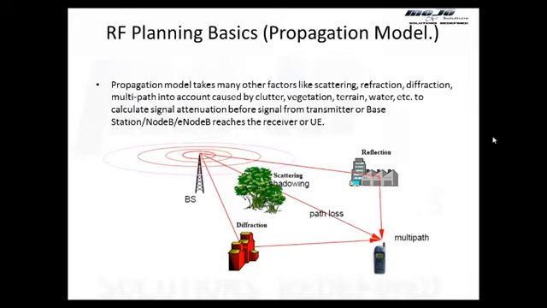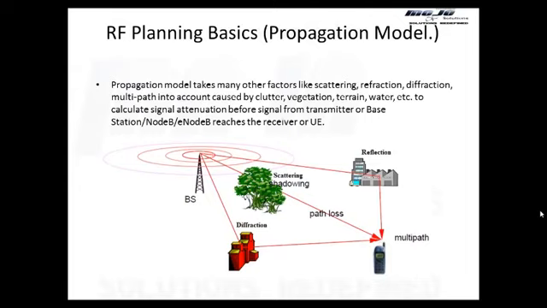If a water body is between the MS and node B, does the refraction phenomenon occur? Well, reflection will occur from the water body and the node B. Refraction, the signal will go inside the water, yes. But if the signal goes inside the water, it means it's a lost signal.